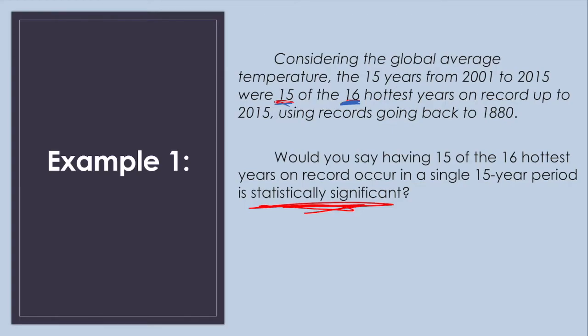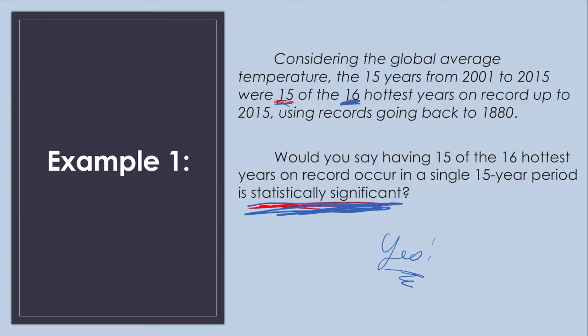Would you say having 15 of the 16 hottest years on record occur in a single 15-year period is statistically significant? Yes, they're really close together. There has to be some underlying cause, i.e. global warming, not a theory. So that would be statistically significant.